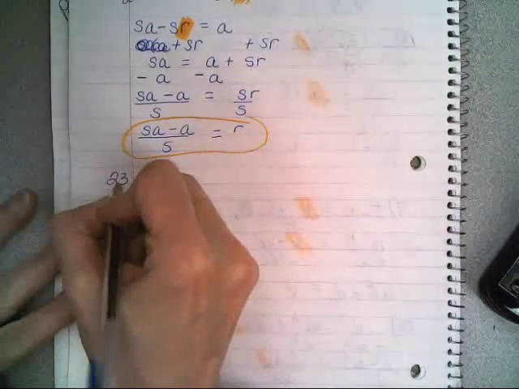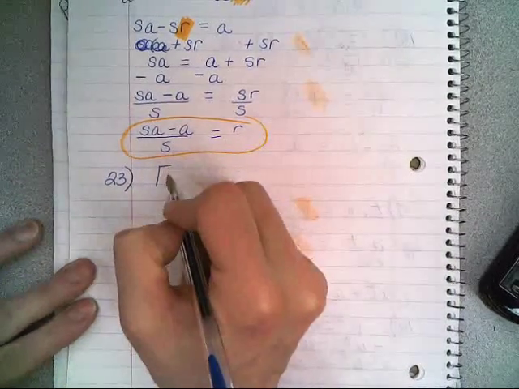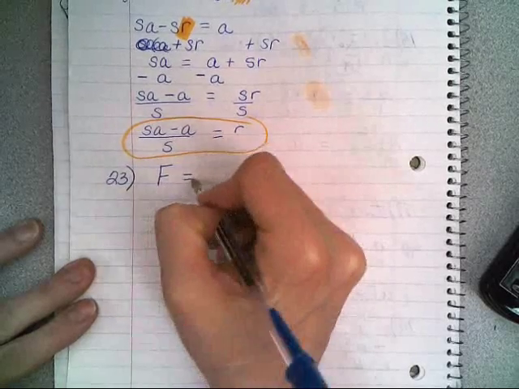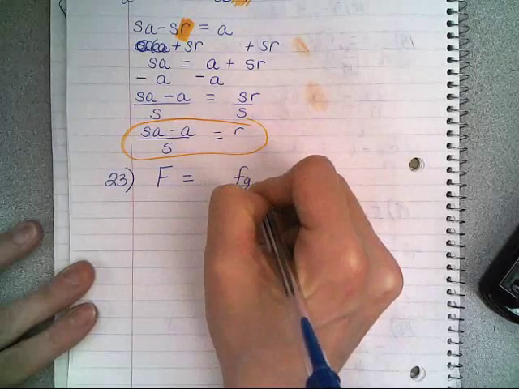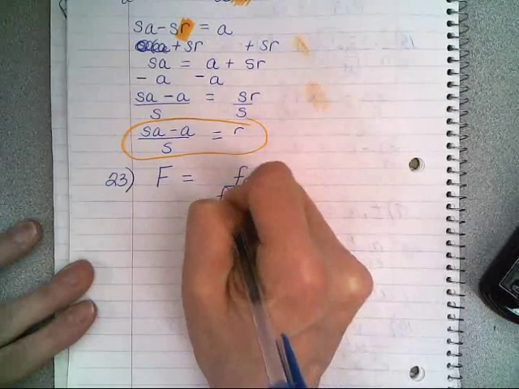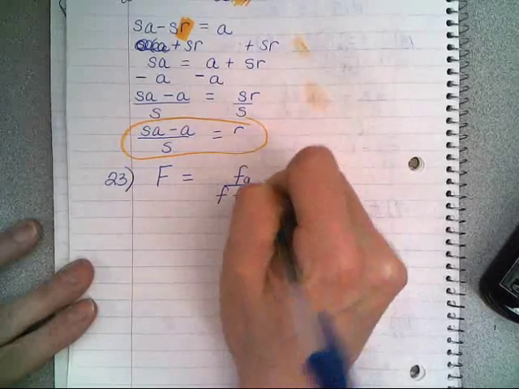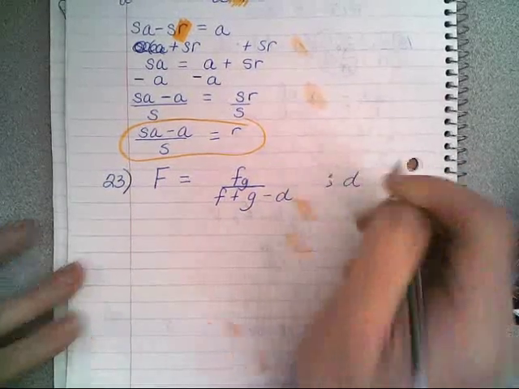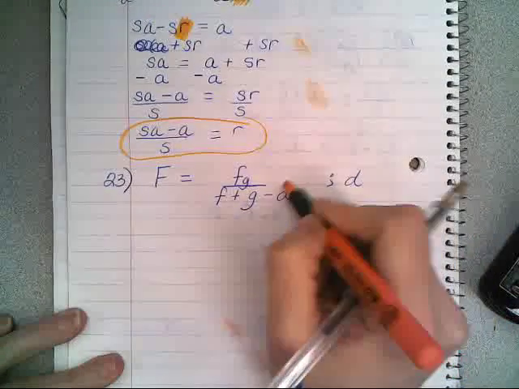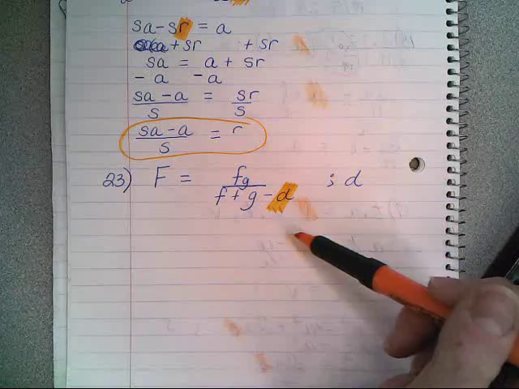23. Big F, this one's annoying because you've got big F's and little f's, is equal to little f times g over little f plus little g minus little d. And they want me to solve for the little d, which is this. We're going to have to do a lot of that same business.